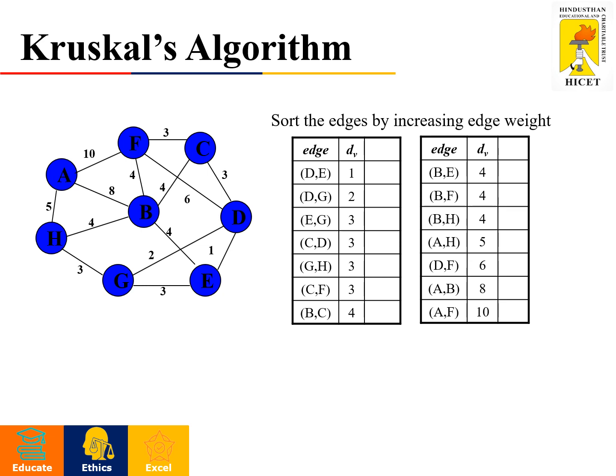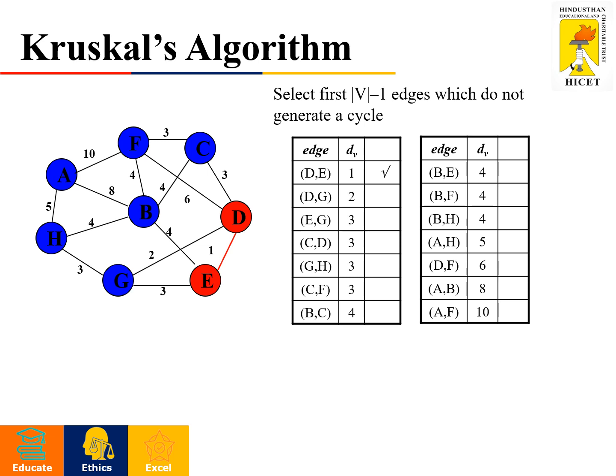Next one is distance. We have to find the distance 1, that is D to E. See here, the D to E. Distance is 1. Next one is D to G. Distance is 2.